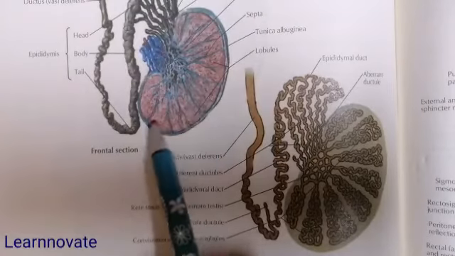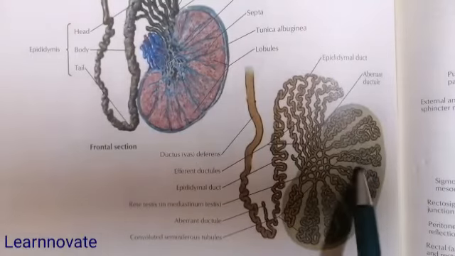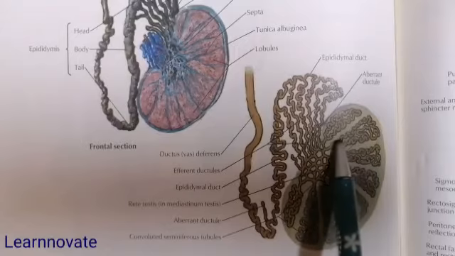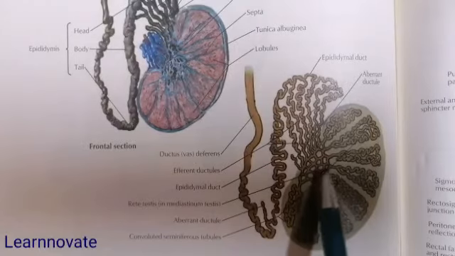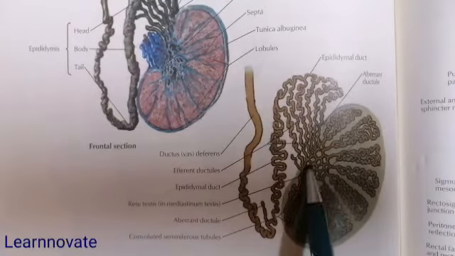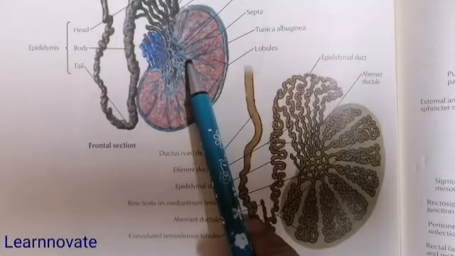The lobules contain highly coiled tubules called the seminiferous tubules. These elongate and become the straight seminiferous tubules, which lead to the rete testis, present in the mediastinum testis.